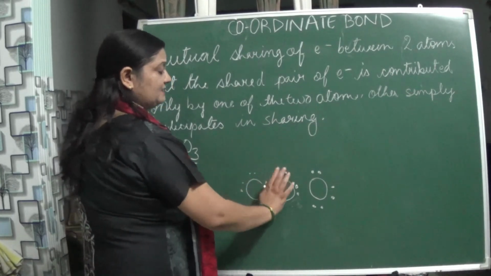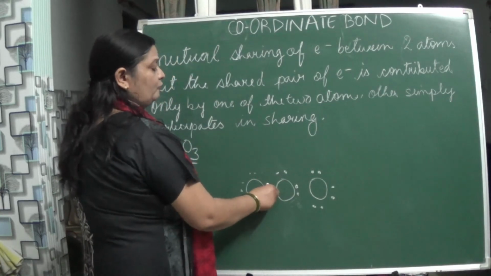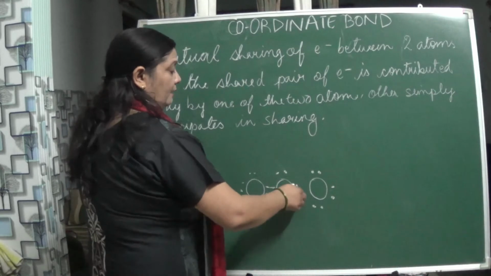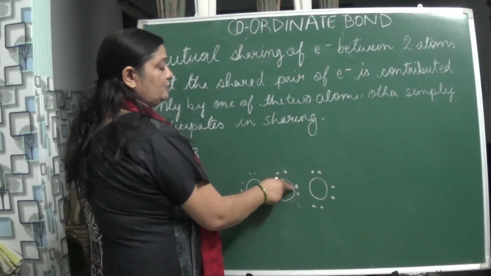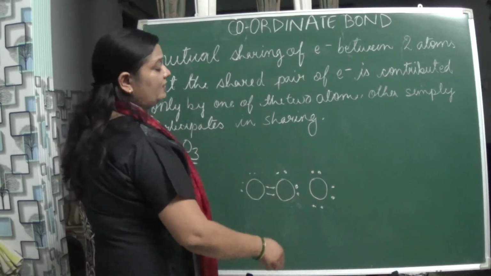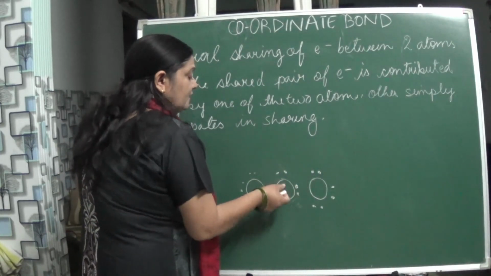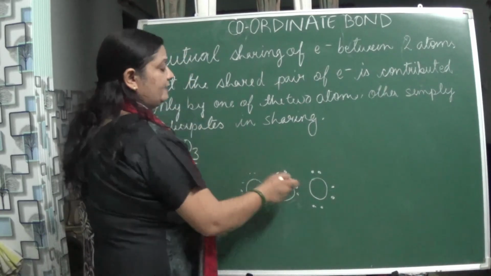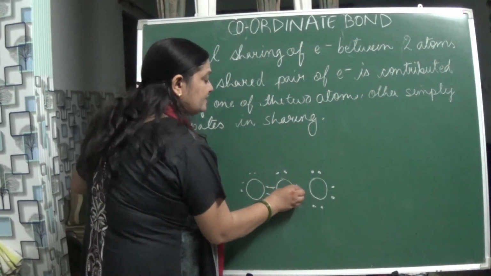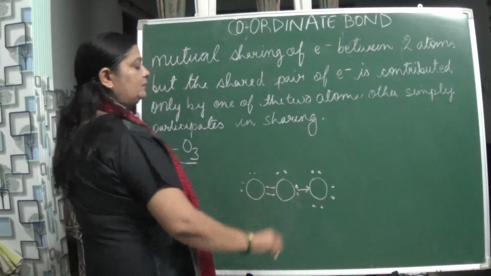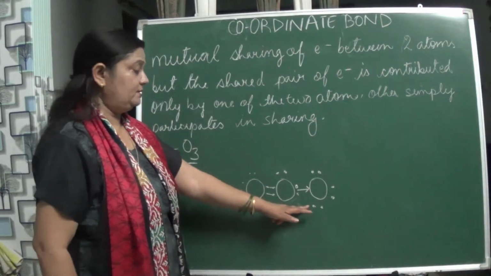Now let us see this one. 4 plus 4, this is also complete. So this electron can't go into bonding with this because it will not follow the octet rule. So after its octet is completed, it partially shares the electron with this oxygen atom.